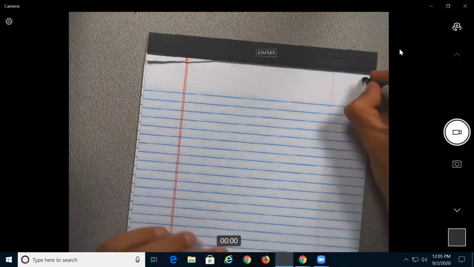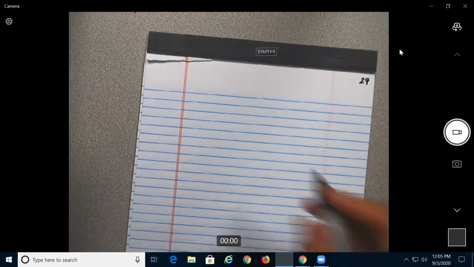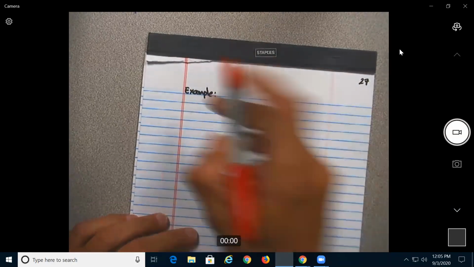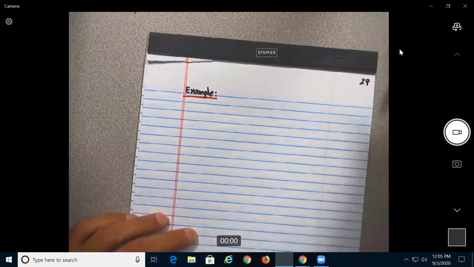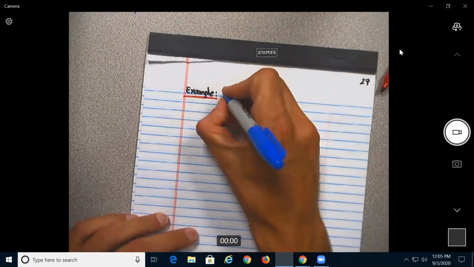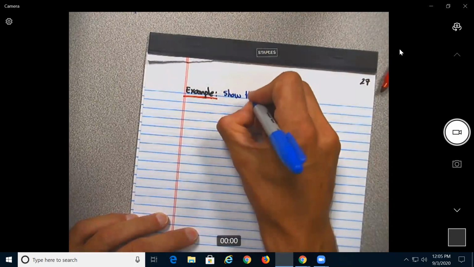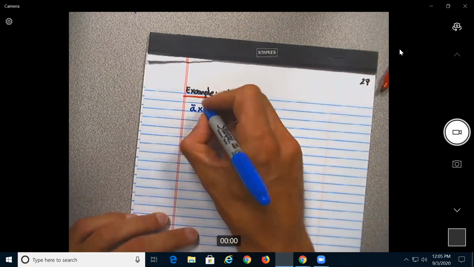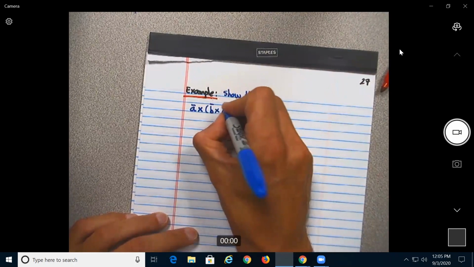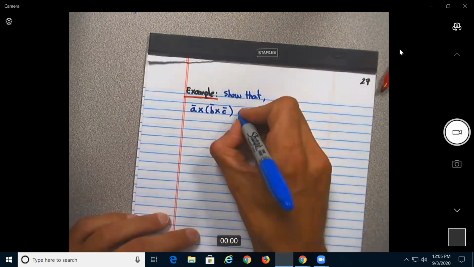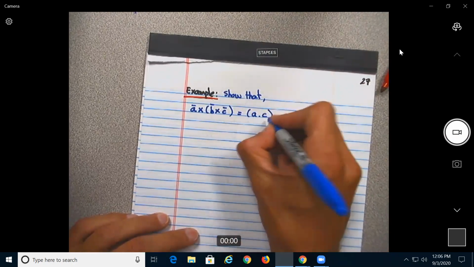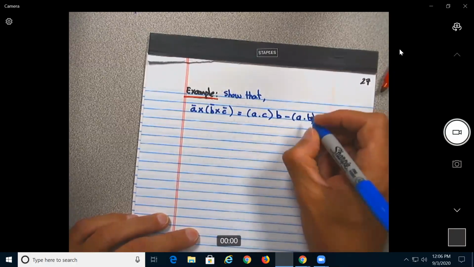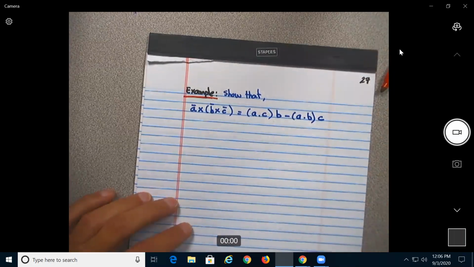Yeah, maybe for the first example, I'll go very slow. So in this example, you need to show that A cross B cross C is equal to A dot C times B minus A dot B times C. Okay?